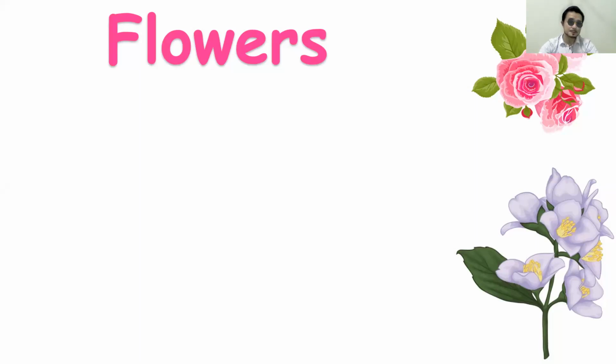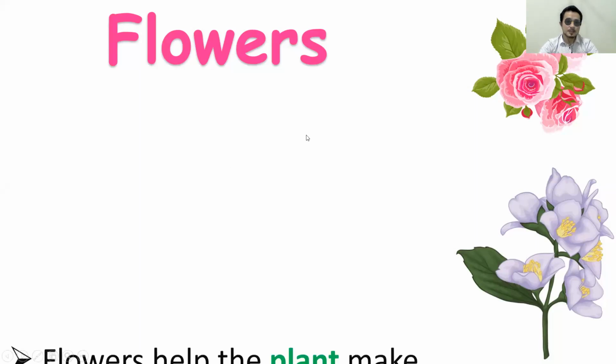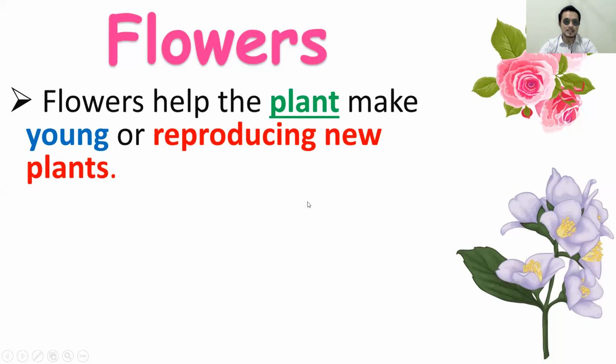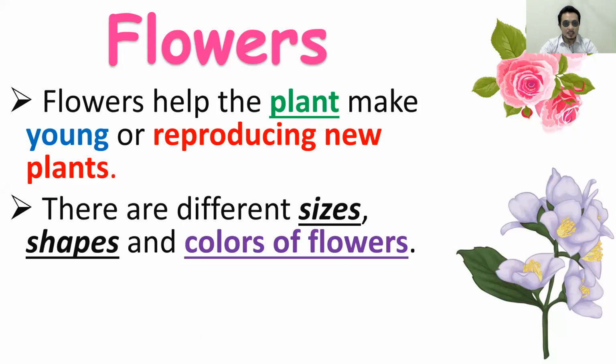So, flowers. Flowers help the plant reproduce new baby plants. There are different sizes, shapes, and colors of flowers.